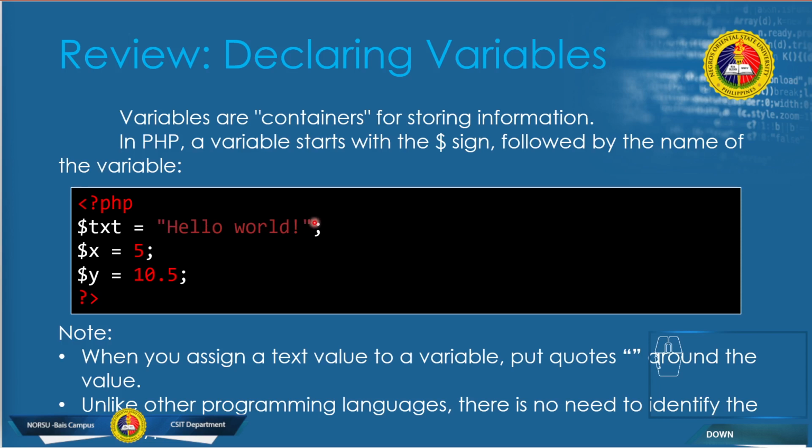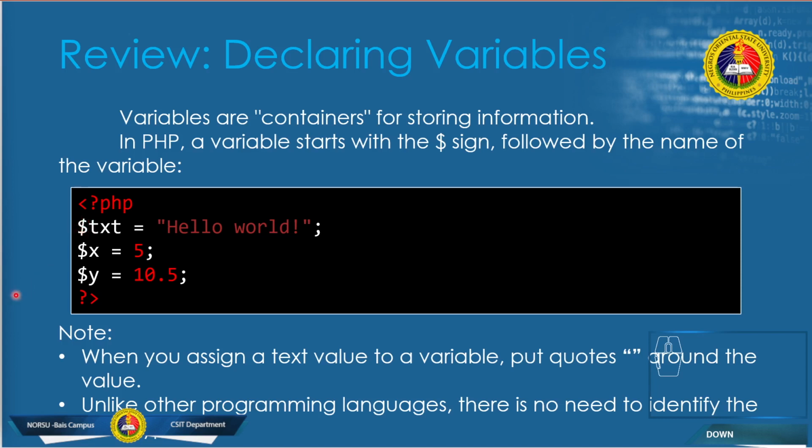However, if it's going to be a numerical value, like a float or an integer, you don't have to enclose it with anything. Again, if you declare a variable which is a string, make sure to enclose it with quotation, double quotation, just like this. And remember, variable names should always start with the $ sign.